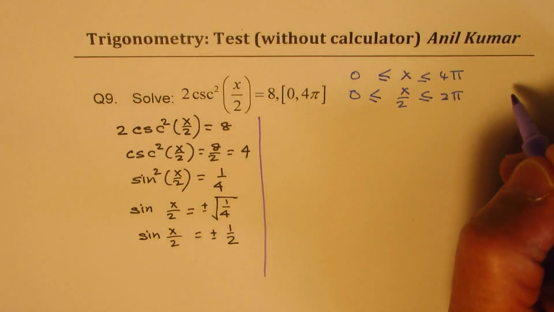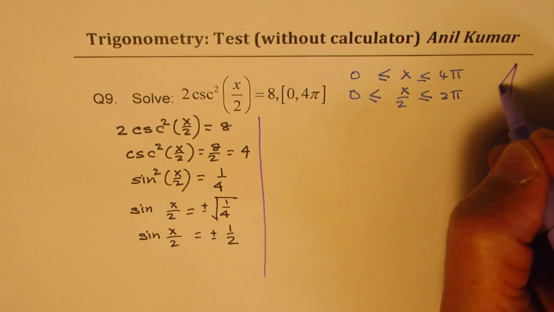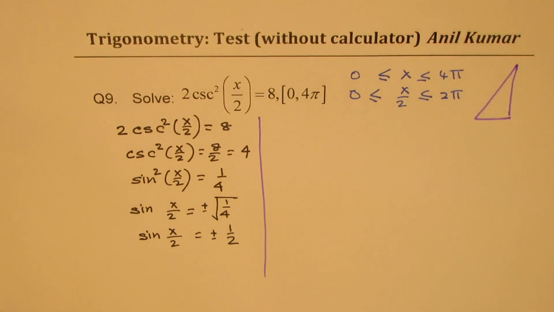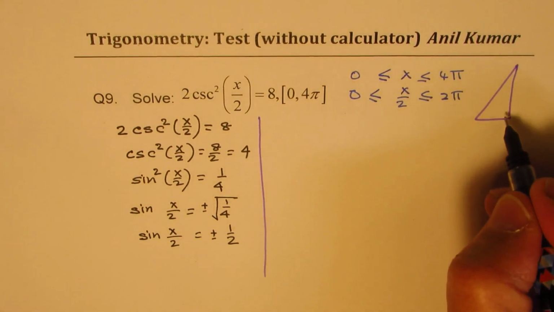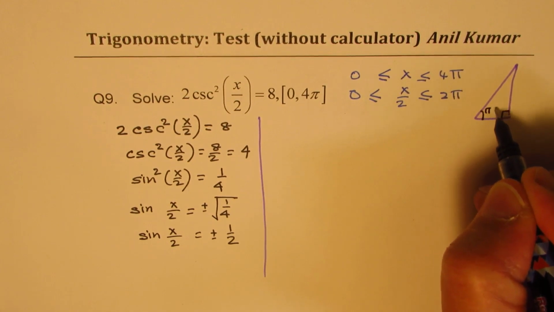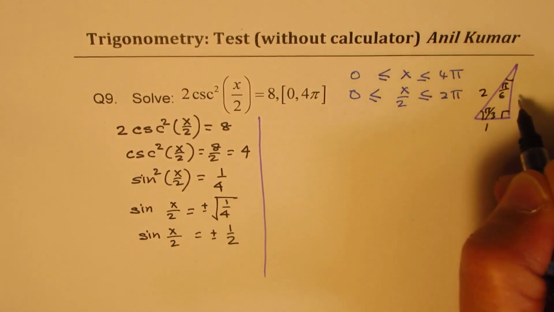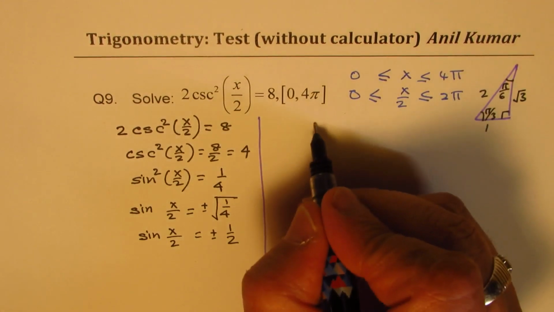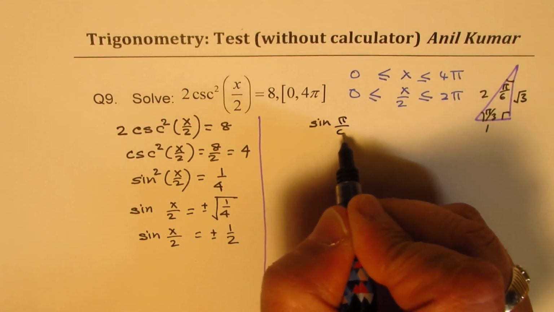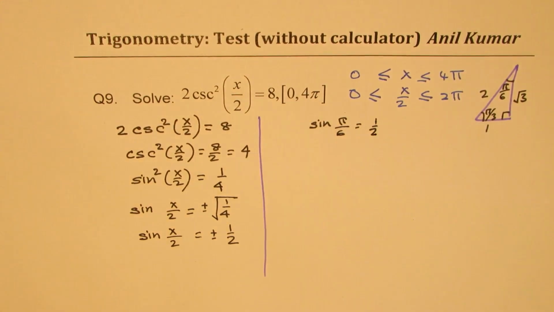Now let's look into the special triangle also, which is again pi by 3, pi by 6, 90, right? Pi by 6. Now 1, 2, square root 3. So we know that sine of pi by 6 is equal to half.